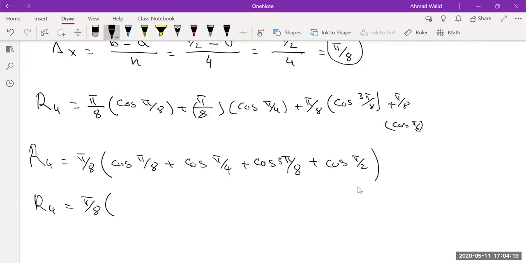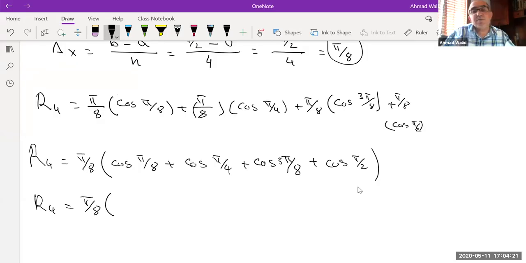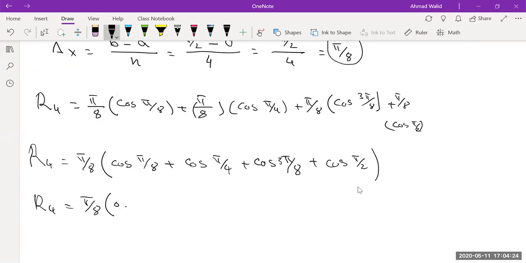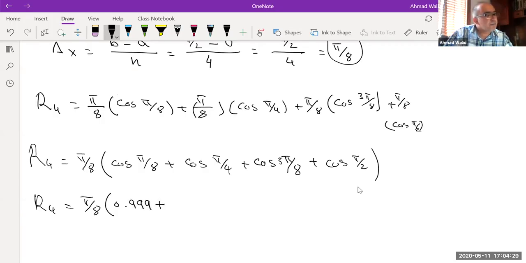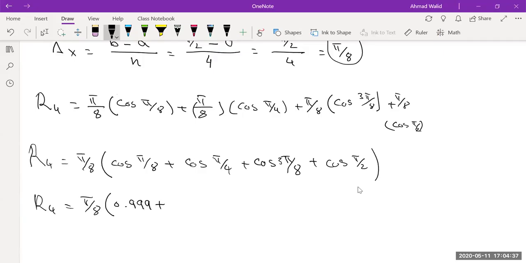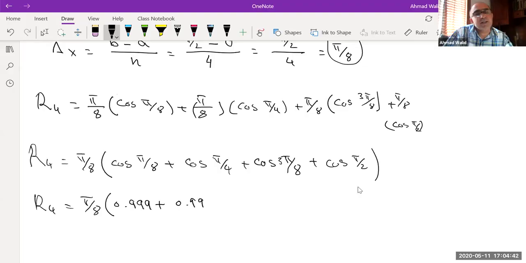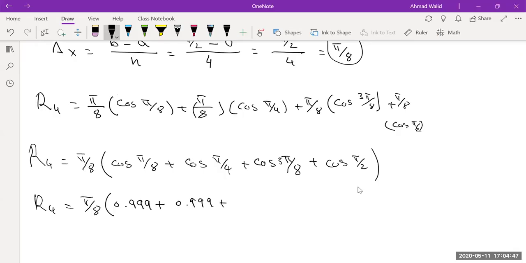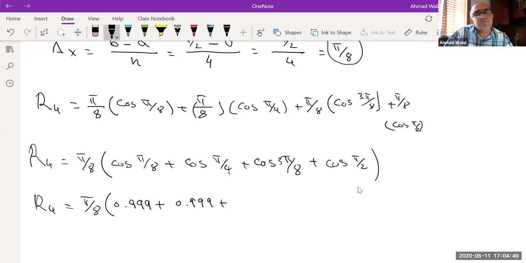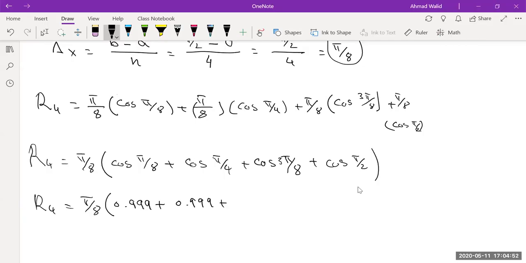I got 0.999. Plus cosine of pi over 4, same 0.999, all three digits 9. Plus cosine of 3 pi over 8, same thing, 0.999.